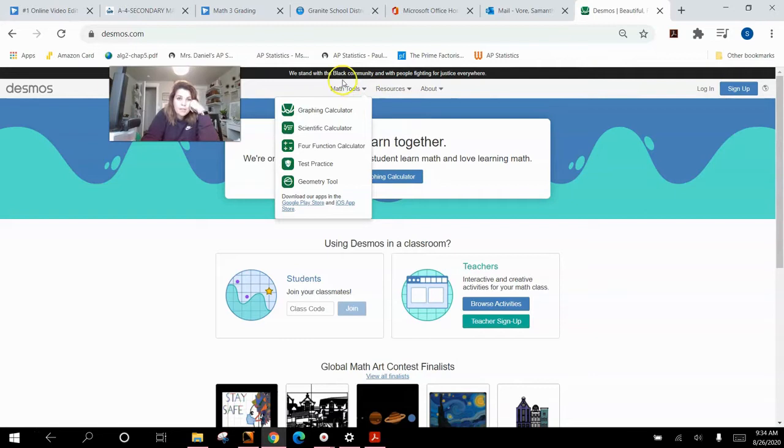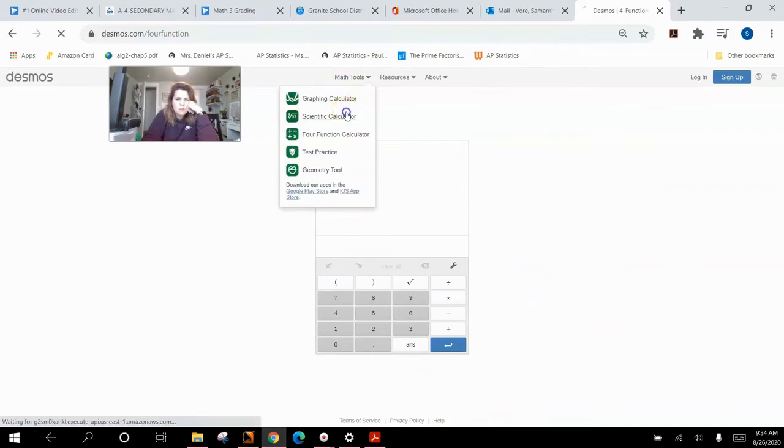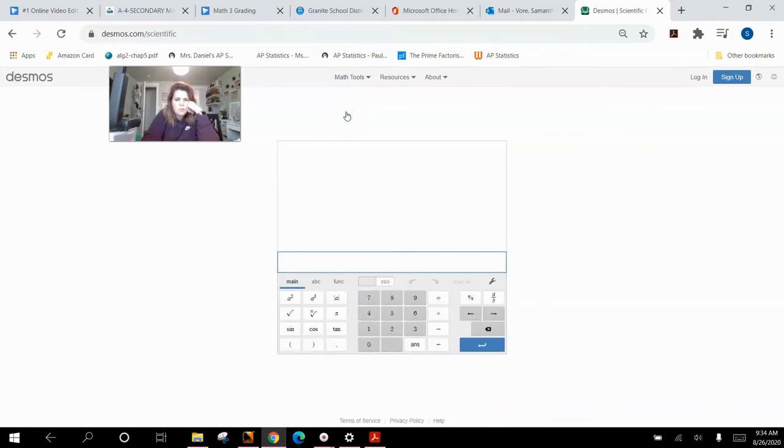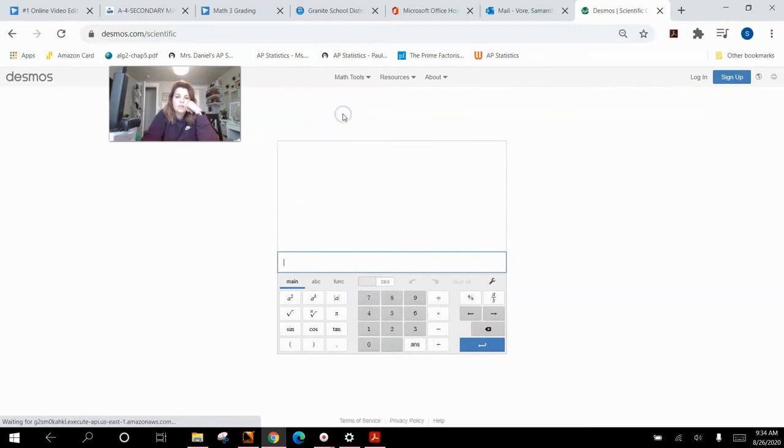Okay, so you're going to hit math tools right here, and you're going to choose the 4-function calculator. So the third one down. And actually, I wonder what the scientific one looks like. Do the scientific one. So up here on Math Tools, go to the scientific calculator.